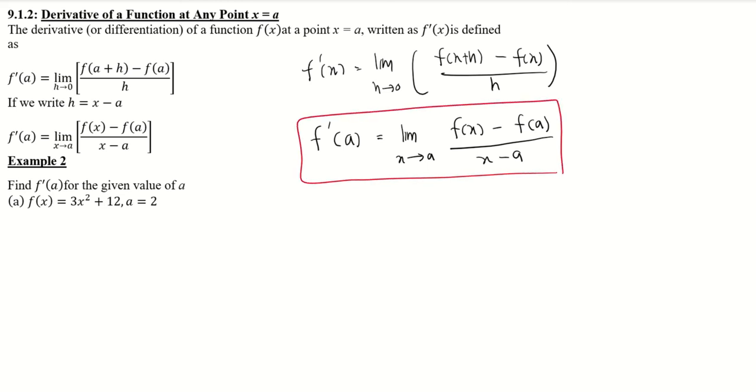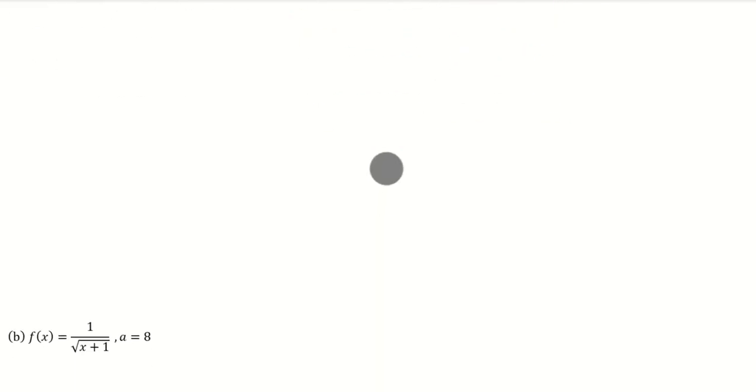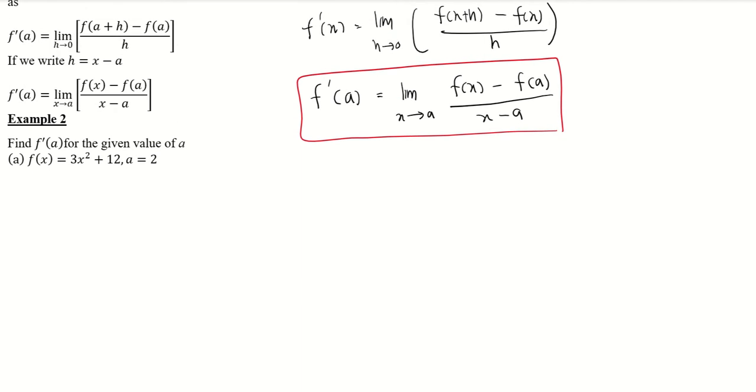Alright, so we're going to look at some examples here. Example 2: find the first derivative f prime a for the given value of a. The first one, we want to find the first derivative for the function f(x) equals 3x squared plus 12 at point x equals 2, or a equals 2.